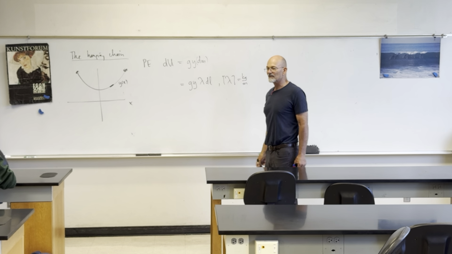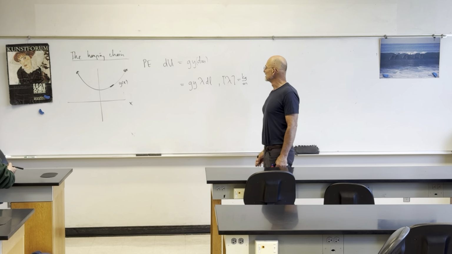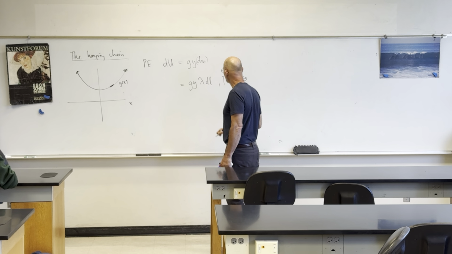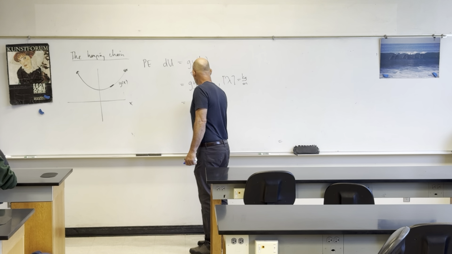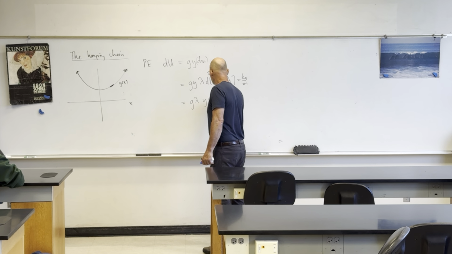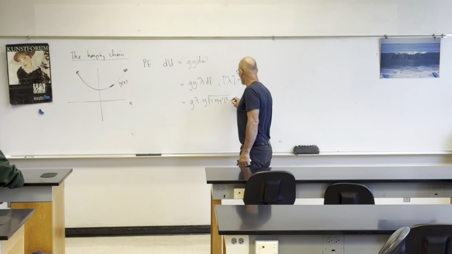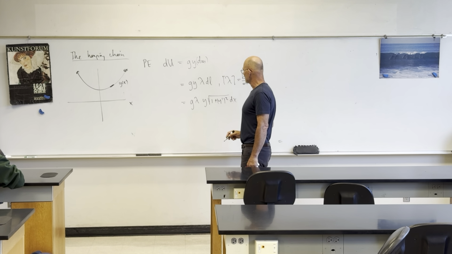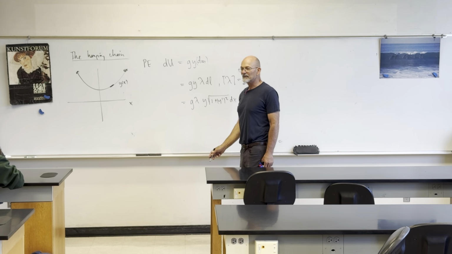You guys have heard of a linear mass density. So it's a constant linear mass density. And now that we have that, we'll put the G and the lambda here, and then we'll have Y times root 1 plus Y prime squared dx, the length element. Like the third time we've used that length element.